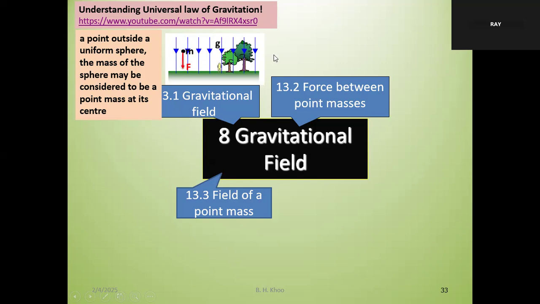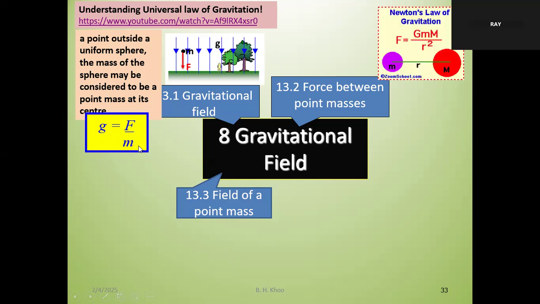We can measure using a spring balance, and then divide. Gravitational field strength is force per unit mass. Or sometimes we can think of it as acceleration due to gravity, same thing. But here we are more interested in calling it gravitational field strength.